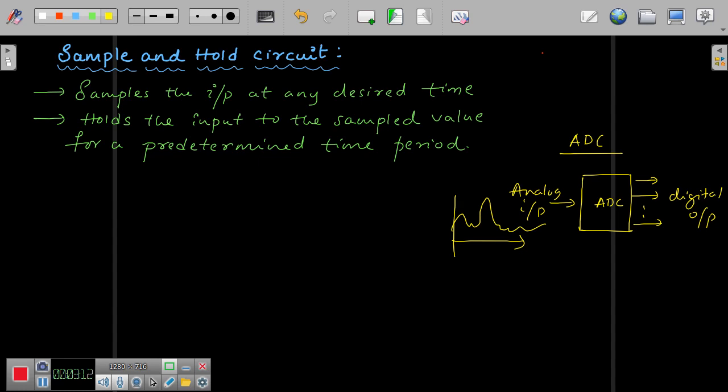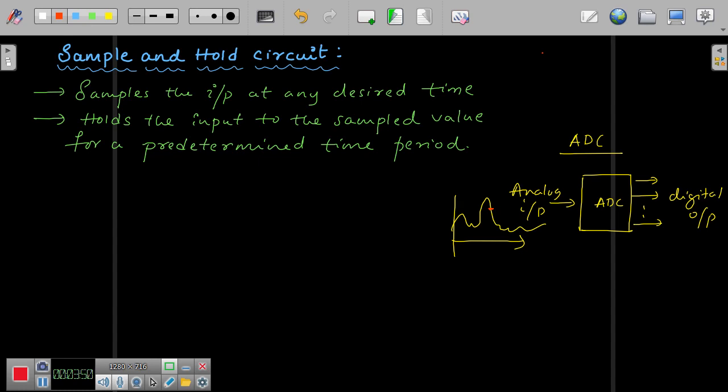Now this analog to digital converter will take certain time to convert a given analog value into its equivalent digital value. That is called the time of conversion. It is not going to do this instantaneously. It has to be there for a certain period of time before it is properly read. That is the reason why we make use of the sample and hold circuit. So if you want to measure the analog input somewhere here, we will have to keep this analog value till it is properly converted into its digital equivalent.